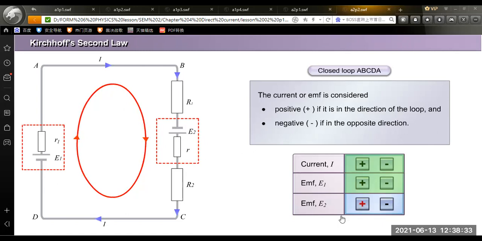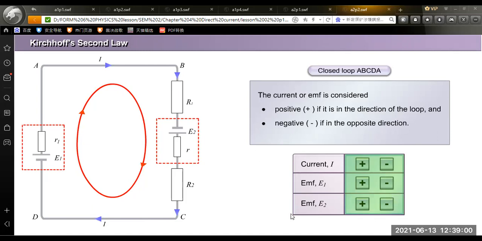So it will be positive as well. Negative if the current or the EMF is in the negative direction. That means if I assume my loop is in the opposite direction, DCBA, then E2 will be negative, E1 will be negative, and the current also will be negative.